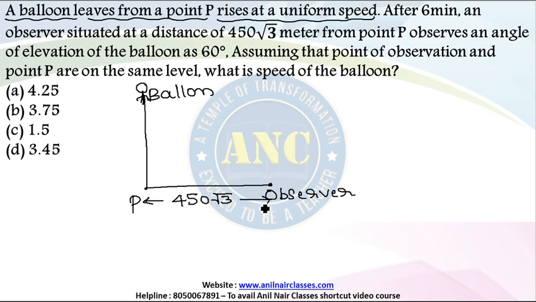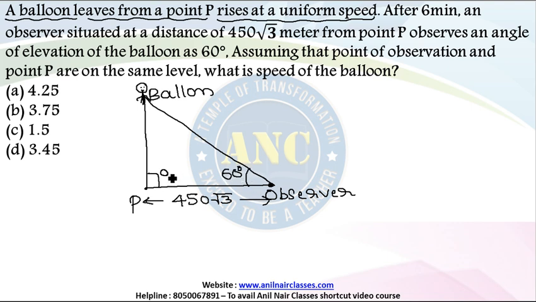After 6 minutes, the observer observes an angle of elevation of the balloon as 60 degrees. That means the balloon kept on moving upward like this. From this point, the observer suddenly looked, and when he looked, the balloon is at this position, and the angle of elevation at that instant is 60 degrees.